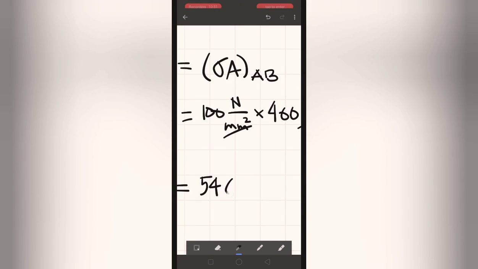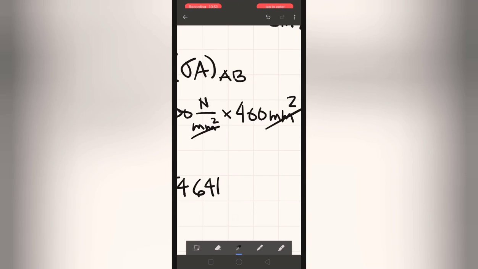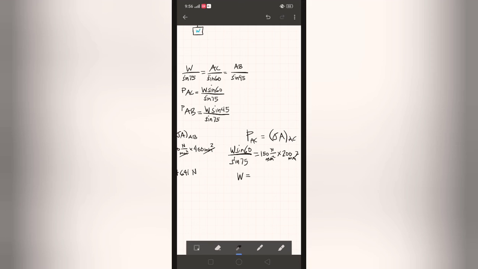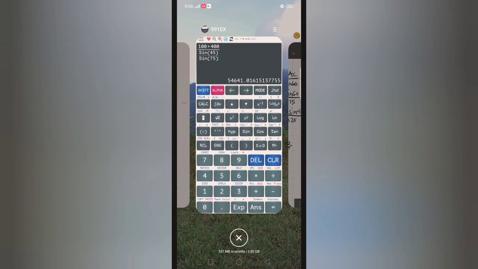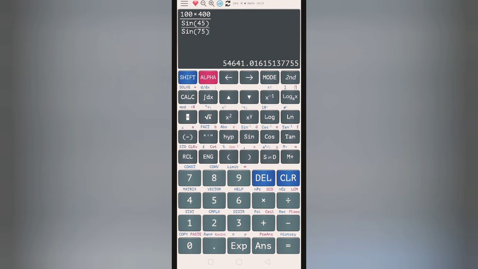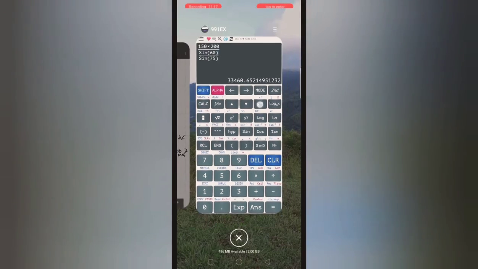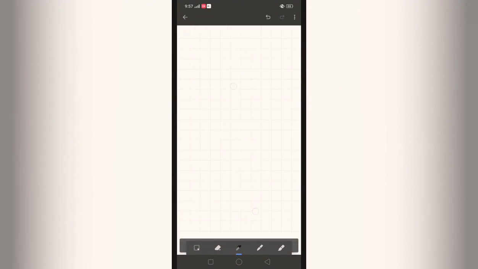Five, 4, 6, 4, 1 newtons. And then for AC, 150 by 200 over sine 60 over sine 75. We will have 33,460 newtons.